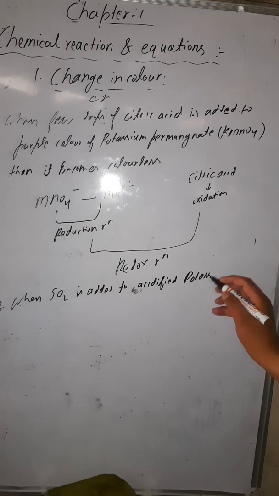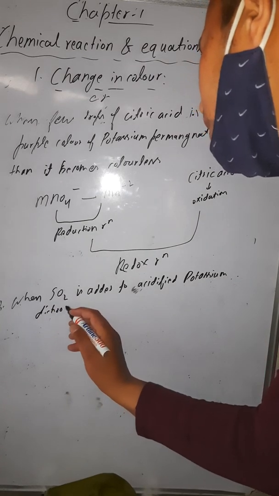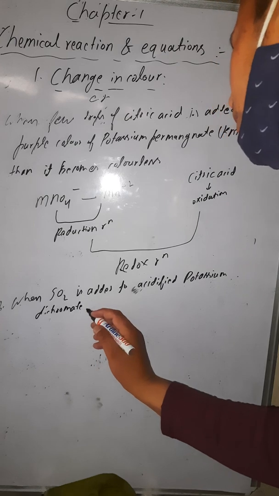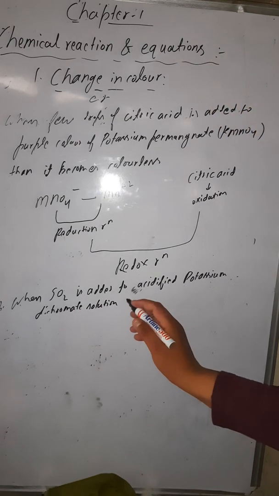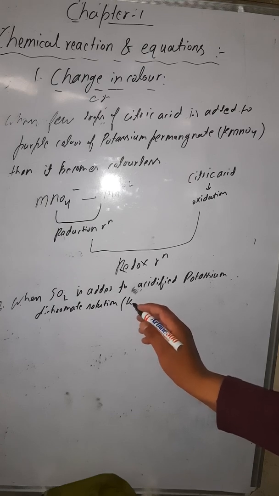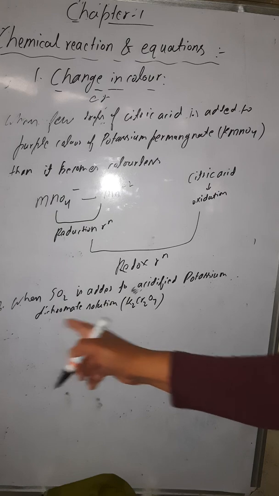Potassium dichromate is K2Cr2O7. This is the formula for potassium dichromate.